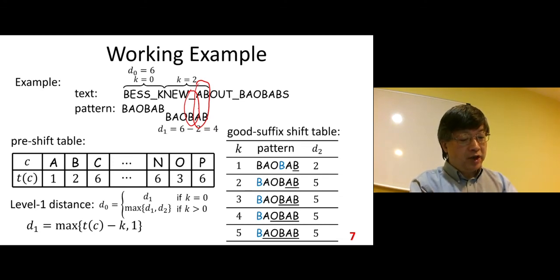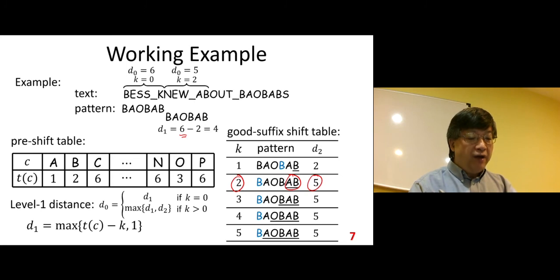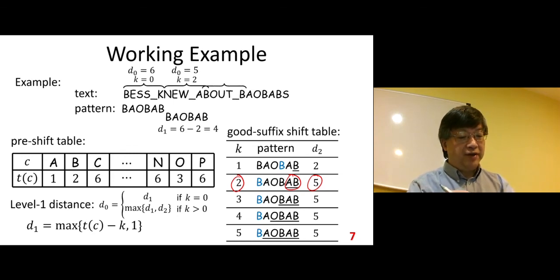D1 equals 6, because T of C for the space is 6. 6 minus 2 is 4, so D1 is 4. How about D2? For suffix K equals 2, it's 5. So D2 equals 5. 5 is greater than 4, so our D0 takes value 5. So in the next round, we jump 5 characters.